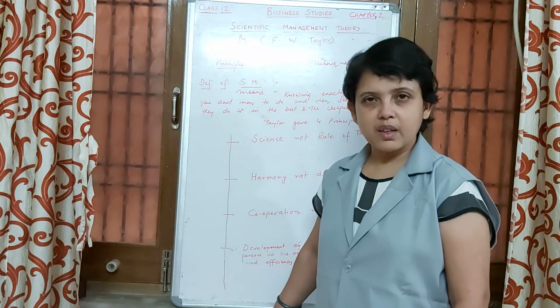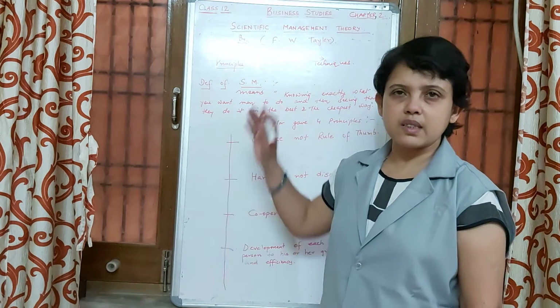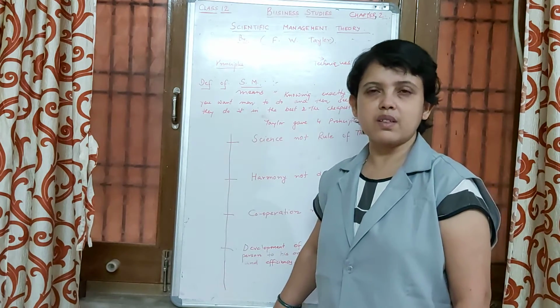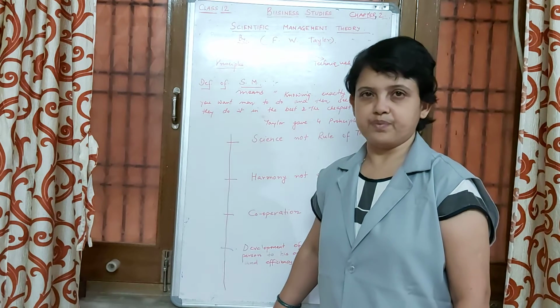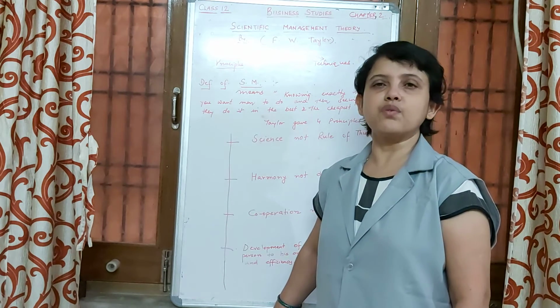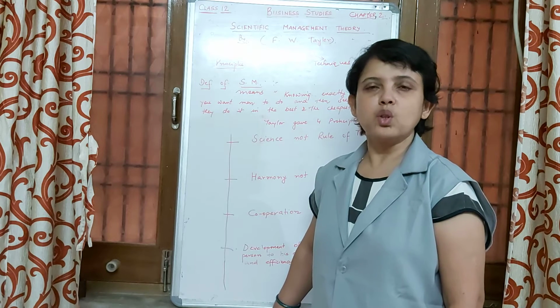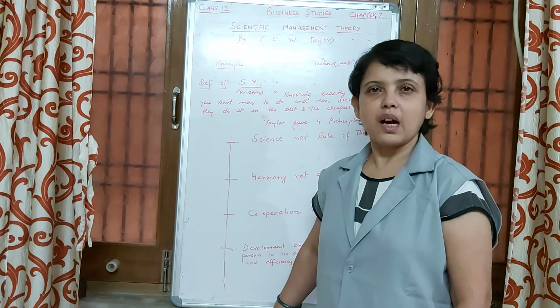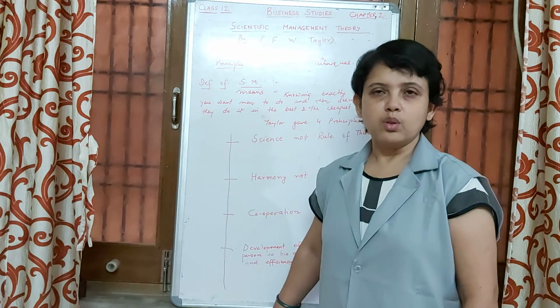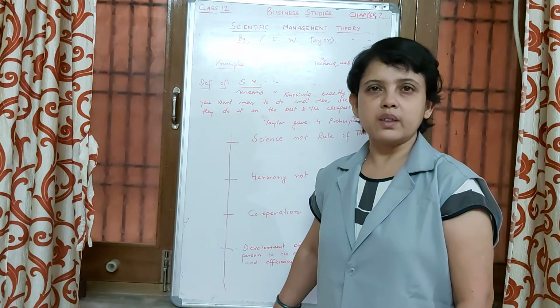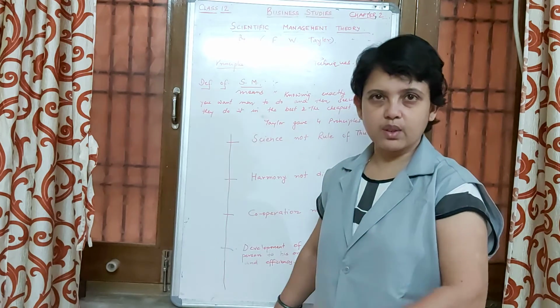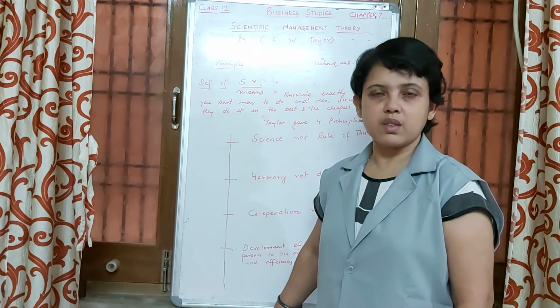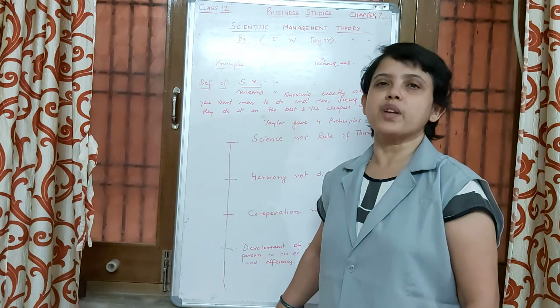But how were these scientific management principles devised by Taylor? For that, we have to know briefly about who was Taylor and how he came to the invention of such principles which are also relevant today.